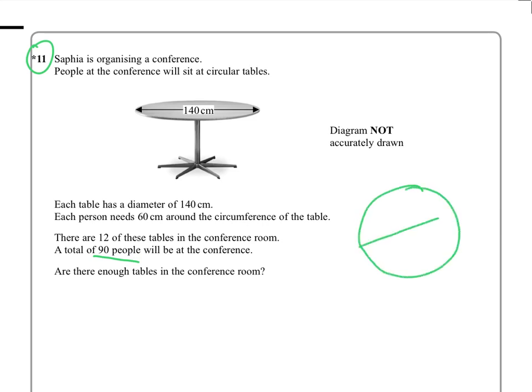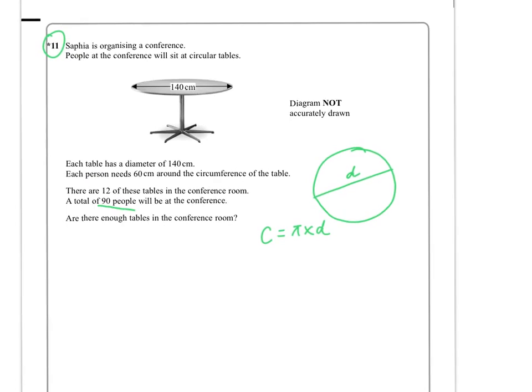So we know we've got the diameter, and we know that wraps around the outside pi times, so the circumference is pi times the diameter. That's how to find the circumference, which is pi times the diameter, which is 140 centimetres. That's what our answer is going to be in.